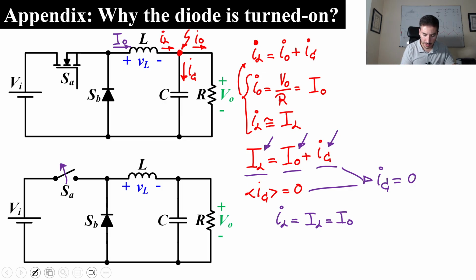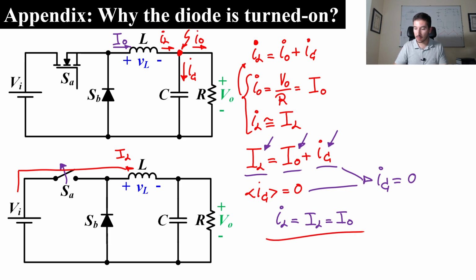Before that, the inductor current was flowing in this way. But when we open the switch, we need a new path for the inductor current, because the value of that current is constant. So the new path of that inductor current is the diode. In this way, the inductor current forces the diode to be on when we turn off the switch A, the MOSFET.